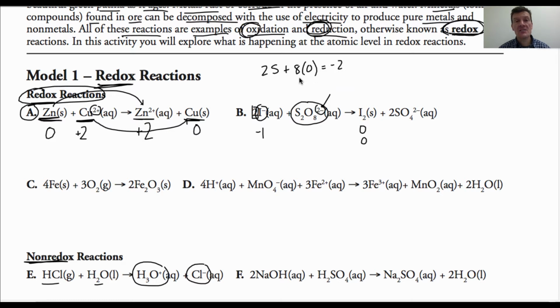And I know oxygen is always a -2, so 2 times S plus 8 times -2 has to add up to -2. And that would give us the charge on the S. So it's -16, add 16, that's going to give me 14 on that side, divide by 2, that's 7. So in this case, each S is a 7, and all 8 of the oxygens are -2.